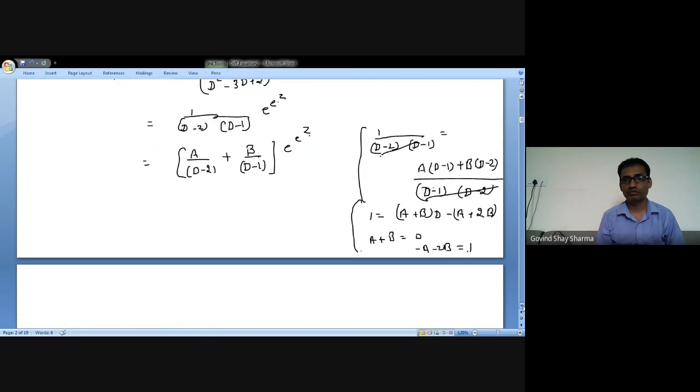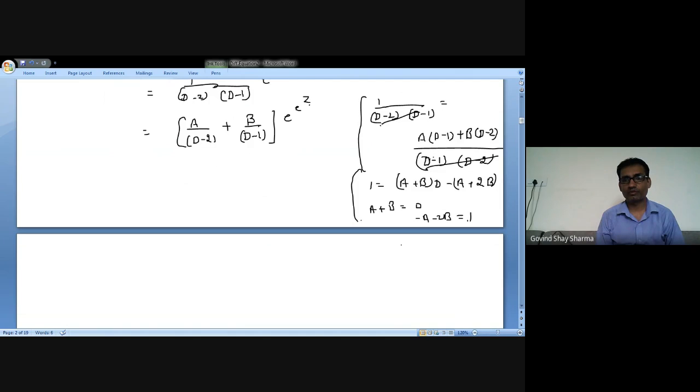So the value of A and B: by adding, B is equal to minus 1 and A is equal to plus 1. So this becomes 1 upon D minus 2 minus 1 upon D minus 1.